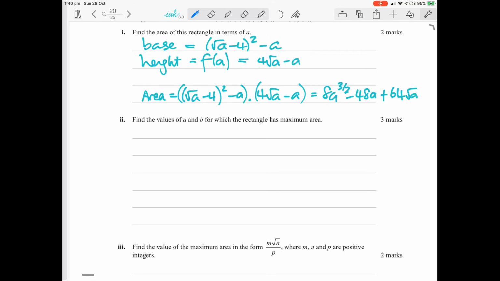Okay, so we want to maximize that. So I'll say dA/dx equals 0.